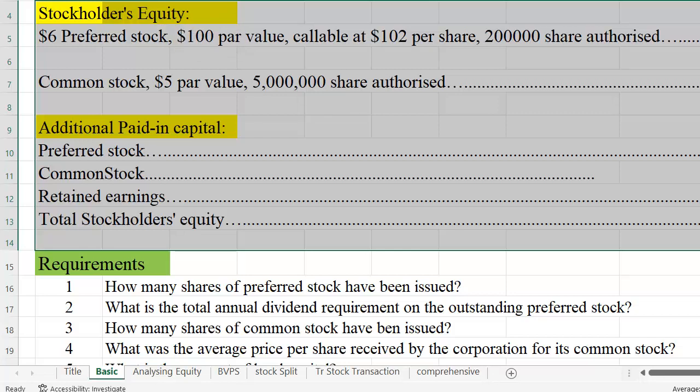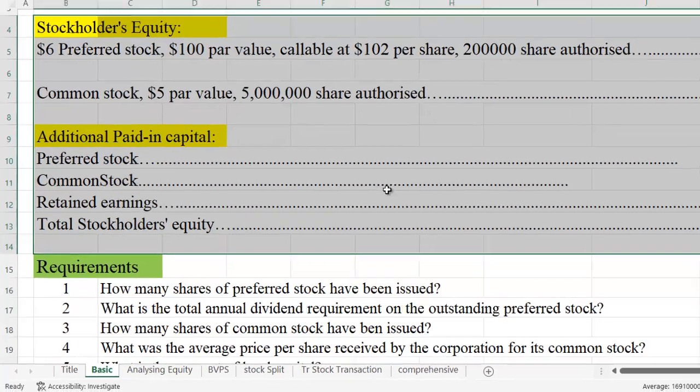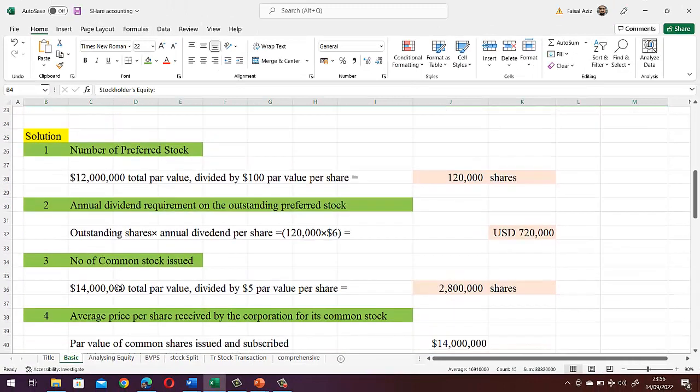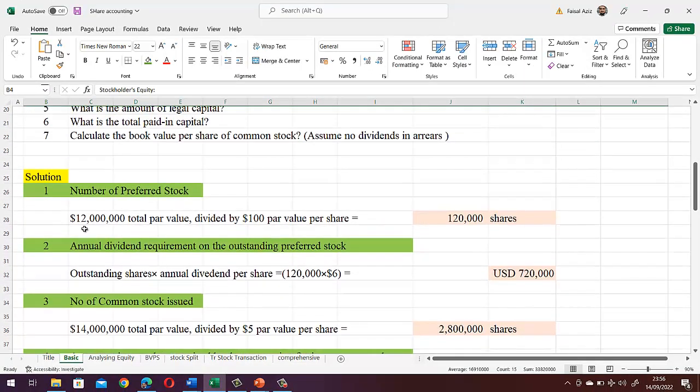So by simply dividing the overall amount by its par value, it will give us the number of shares outstanding. What type of shares? It is preferred stock, obviously. So if you look here, this is the total par value, which is 12 million, and this value is divided by the par value per share, which is 100.